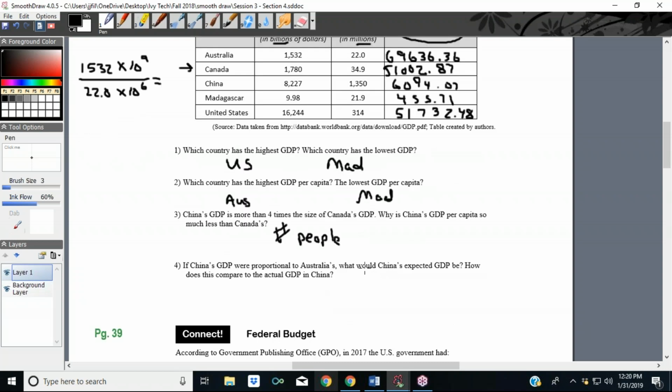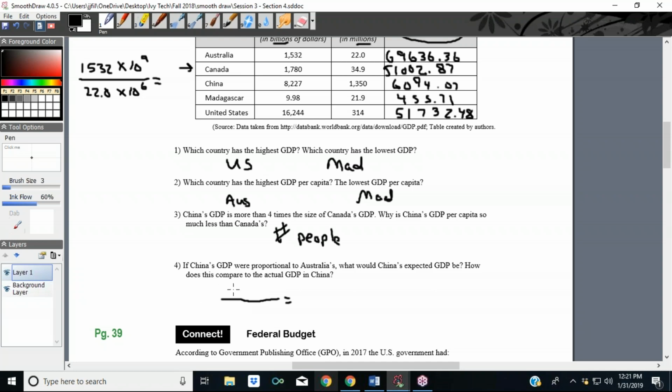So it says if China's GDP were proportional to Australia's, what would China's expected GDP be? And then how does it compare to the actual GDP in China? So we're comparing China to Australia, and we are trying to find the expected GDP for China. That means we're going to use Australia's numbers.